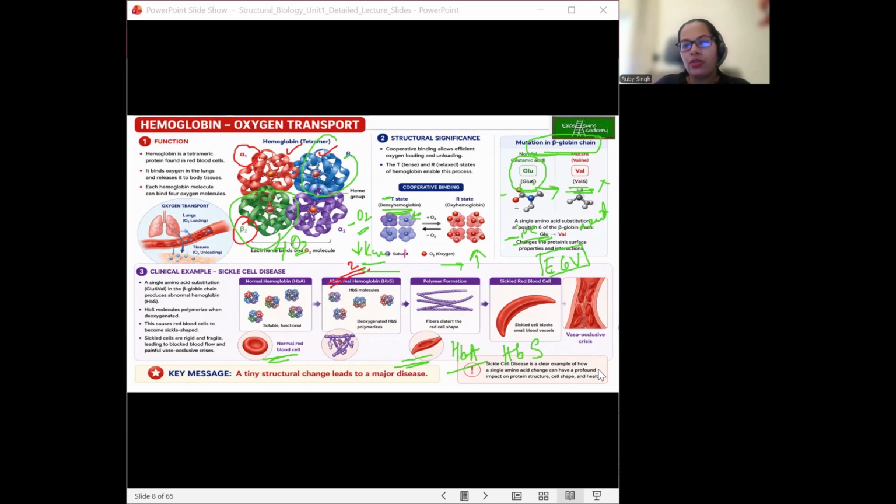Because the RBC shape changed, it became a sickle cell. As it circulates throughout the body, because of its shape, it gets deposited on the walls of the blood vessels.